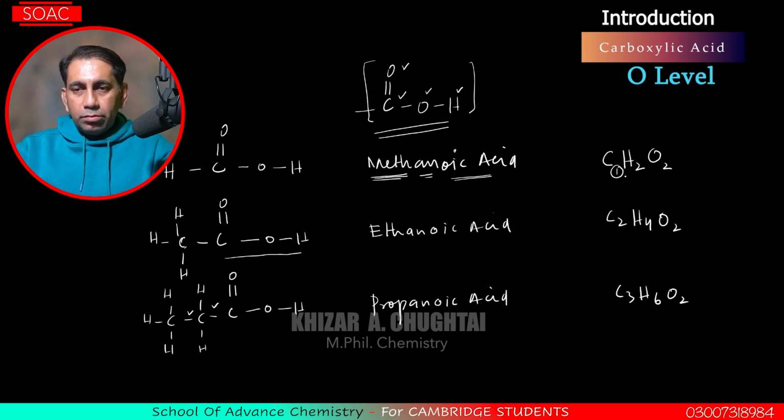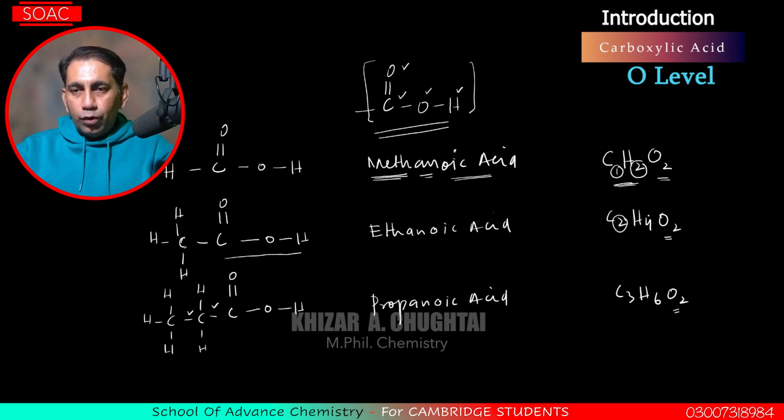From these molecular formulas, we can make a general formula. You can see there is a 1:2 ratio of carbon and hydrogen, and oxygen is the same in all these members. So the ratio of carbon to hydrogen is 1:2.